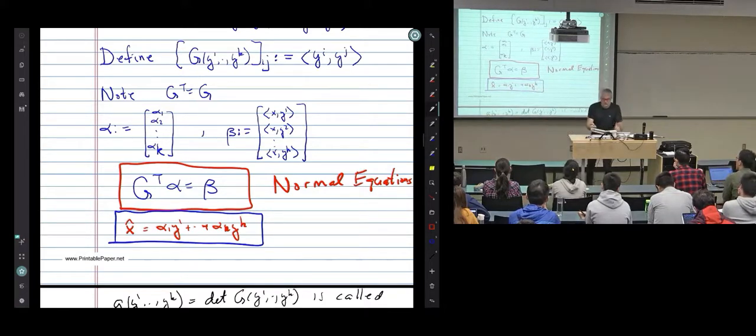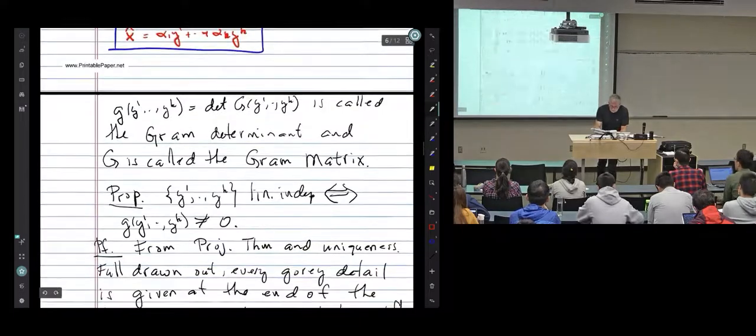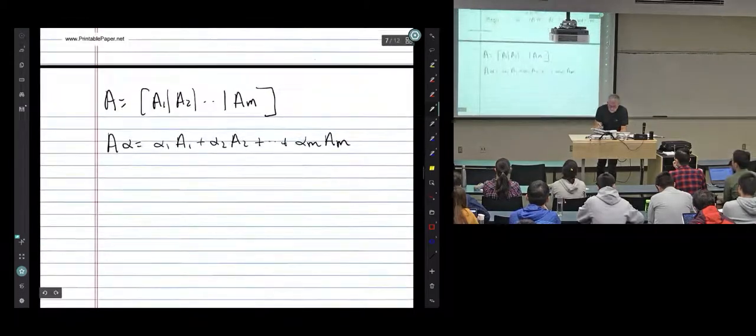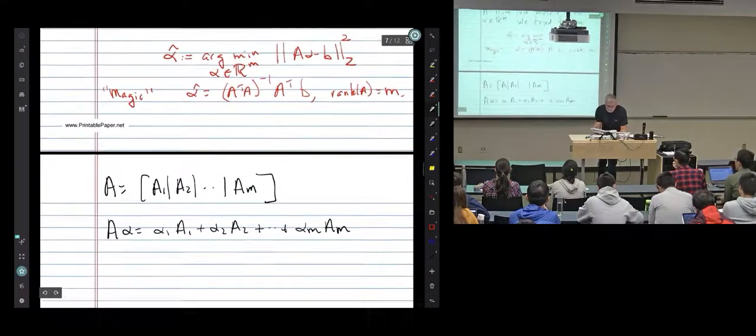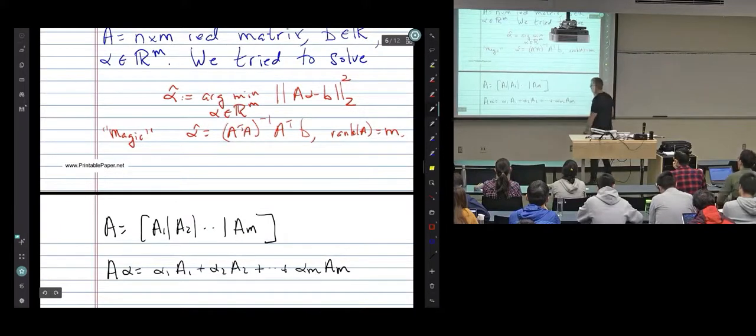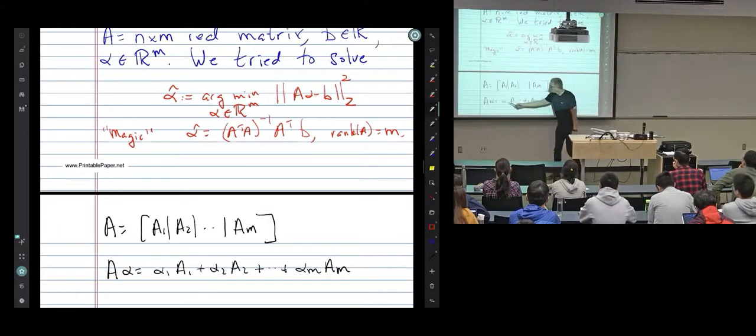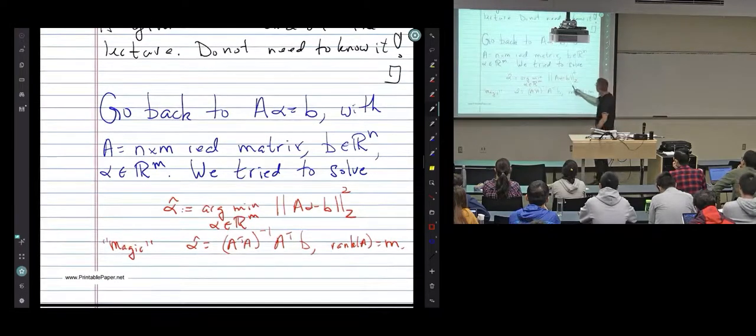What we should really have been doing is, it's more apparent here: here's a vector B, and we're seeking the best approximation of this vector by the columns of A. Question?